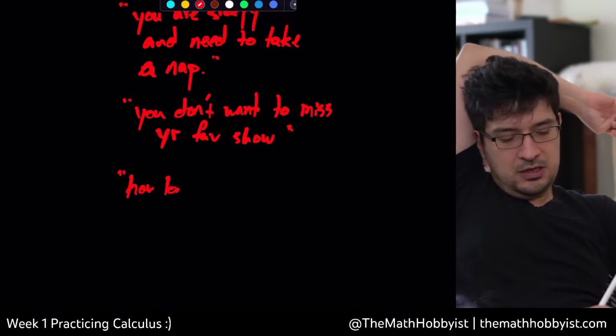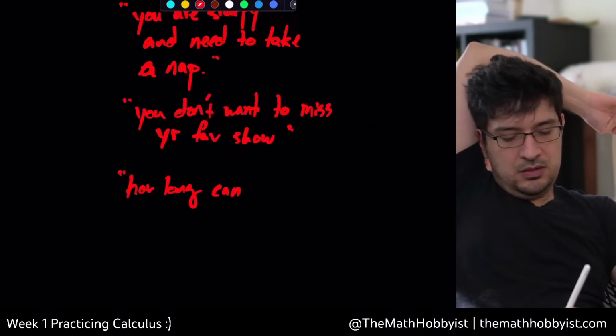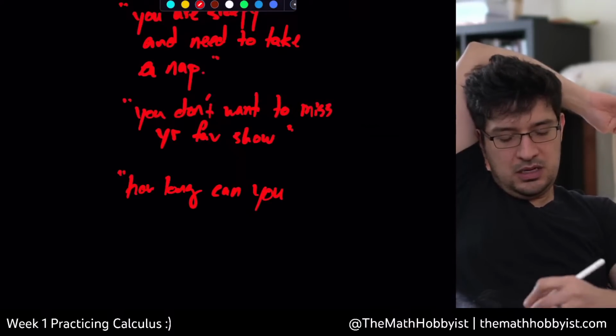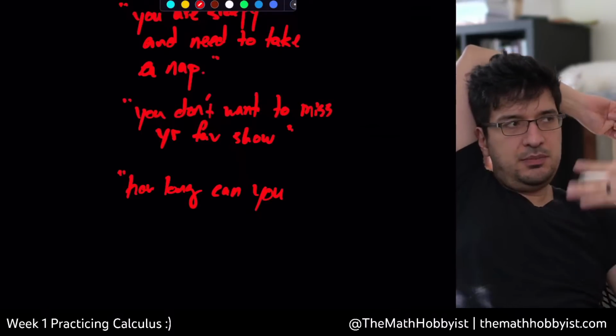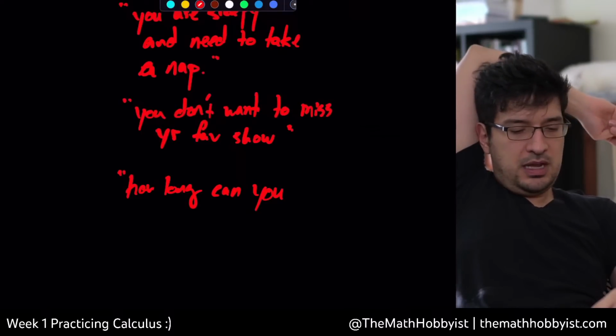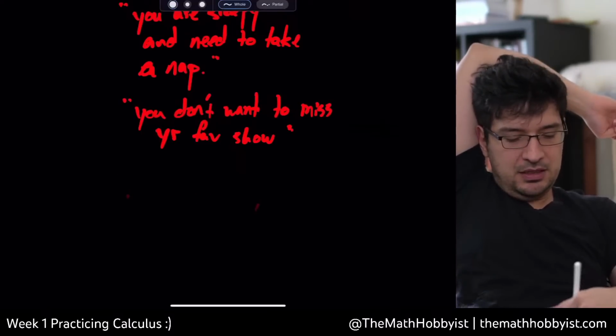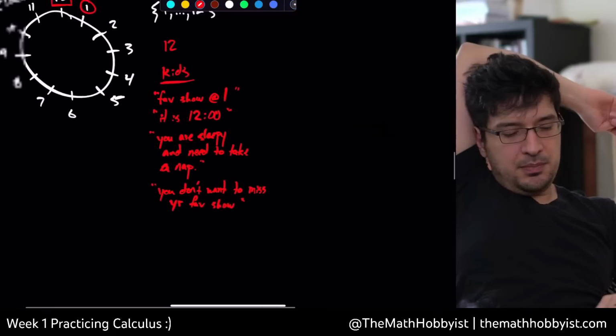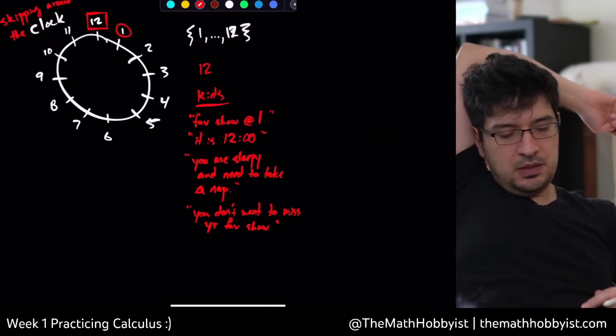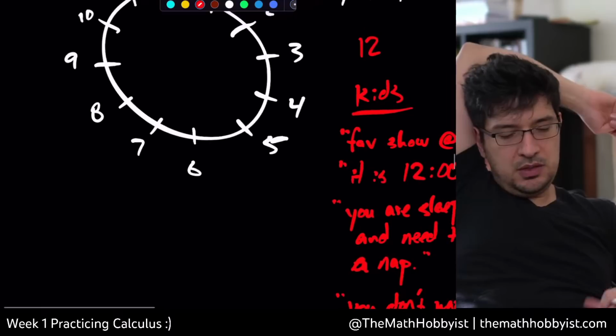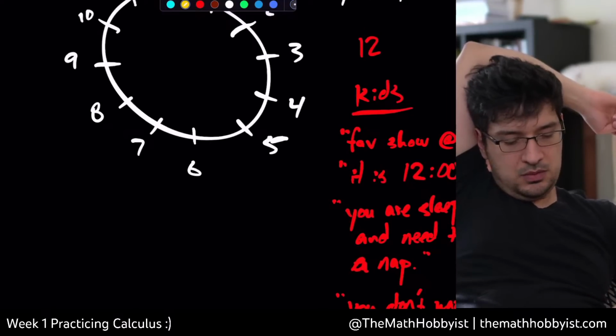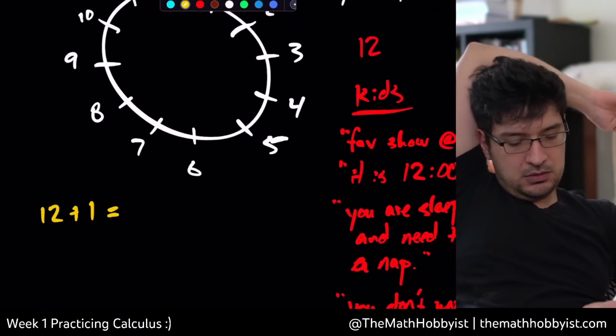What time should you set your alarm for? Like, how long should your timer be to wake up and watch the show? Well, obviously, you can set a 1 hour timer.